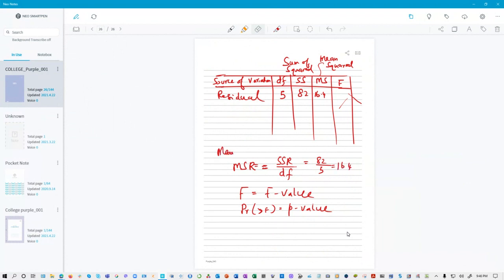This is mean squared residual. On average, even for the sum of squared residual, how much would it be? It's being divided by the independent pieces of information that can be utilized in order to tackle that data.